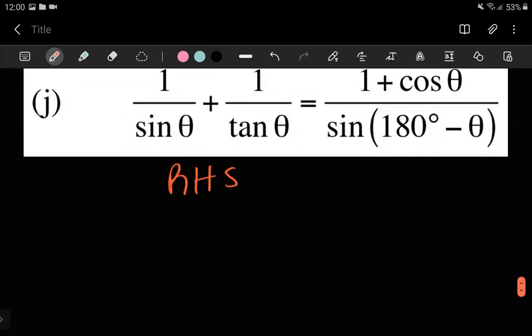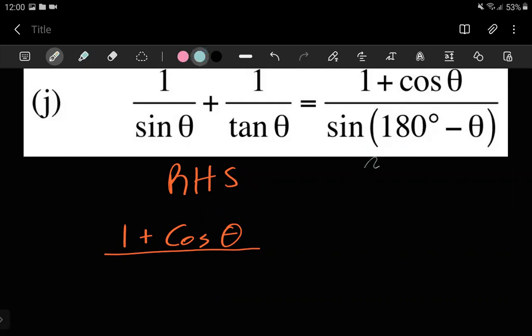So to start off, remember, change what you know can change. Don't worry about what does not look like it can change. Meaning, at the top here, we have 1 plus cos theta. And then at the bottom here, remember, this is sine of 180 minus theta.